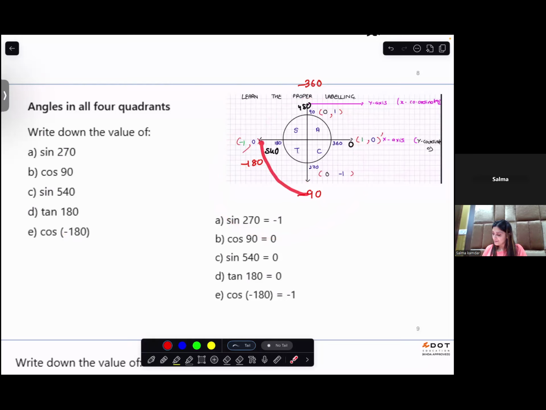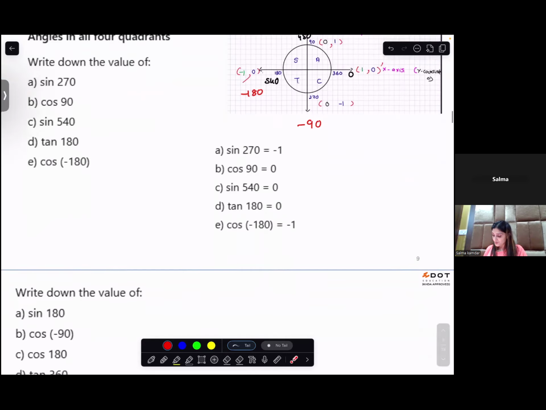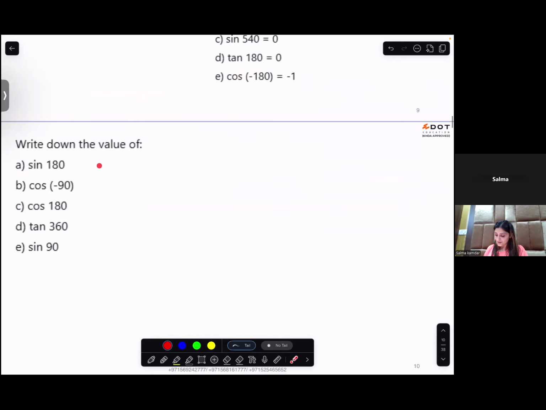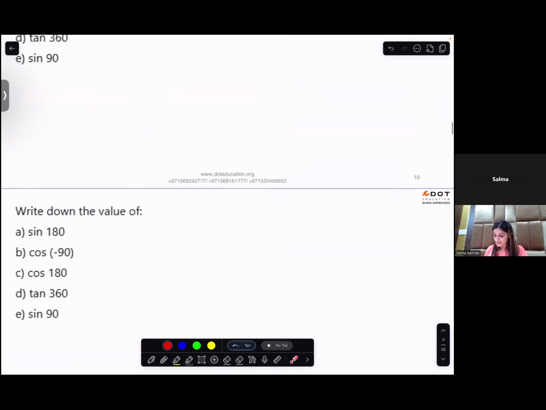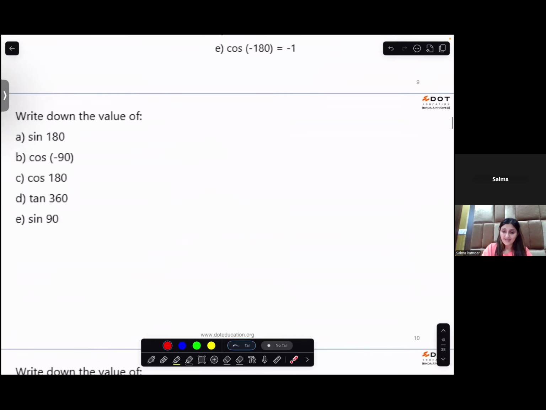So between minus 90 to minus 180, I have cos minus 180. Cos is always the x coordinate. So cos minus 180 is minus 1. Now one for you to try. After you try, you will write down your answers and check your answers as well, which will be down.